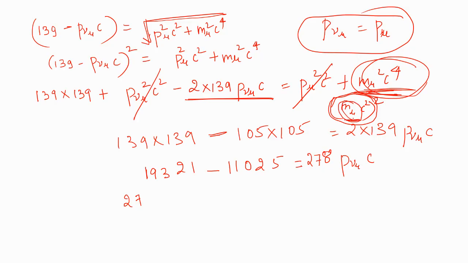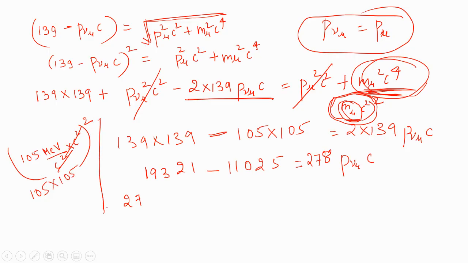When you put your rest mass value 105, you need to see the unit also. This c² cancels, and what we are left with is 105 × 105. Got it? Okay. If I am making any calculation mistake, tell me.